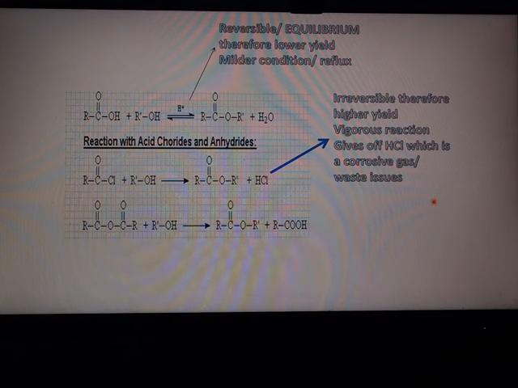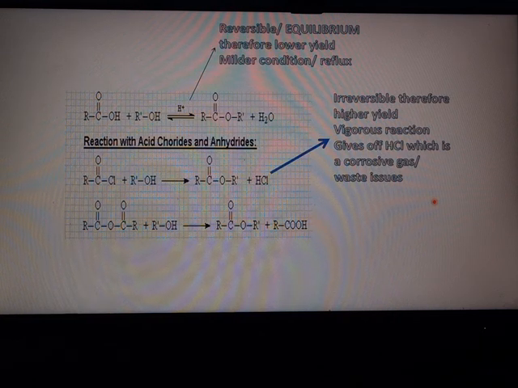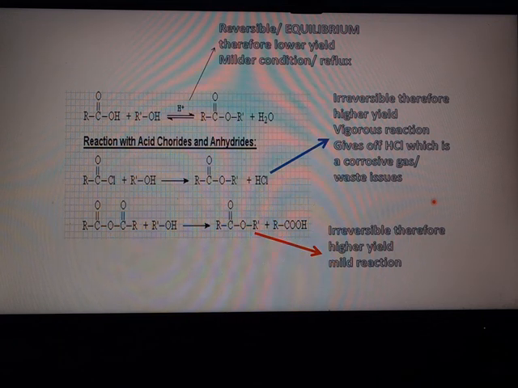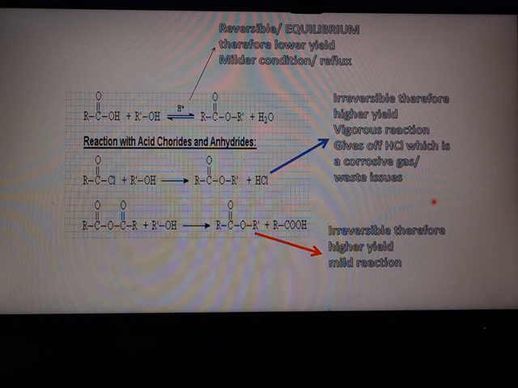This one is much more violent reaction, but it's irreversible, okay, and you get HCl, which is a corrosive gas, so that could give a problem in terms of waste. And the last one, the acid anhydride, the alcohol, that is irreversible, and therefore you get a higher yield and the conditions are mild. It's also under reflux. Okay, so that's the 3 methods to do esterification.